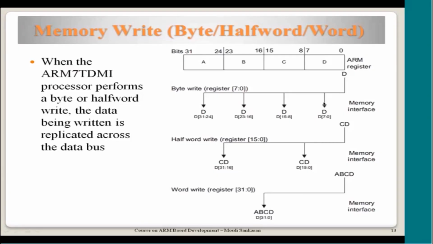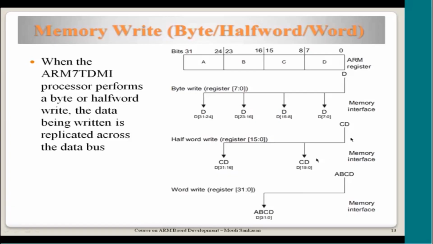You may wonder why that single byte is copied onto 4 lanes. This is just a provision for the memory to use any one of them based on its convenience. Actually only 1 byte is getting transferred, but instead of leaving the other data bus pins empty, they are driven by the same data, so the memory can read any one of these bytes to copy into its location.